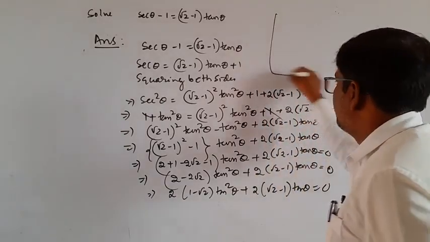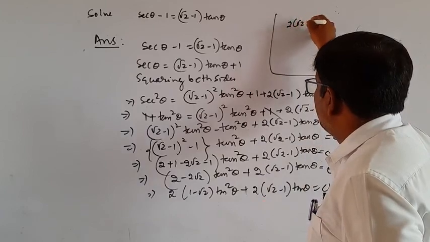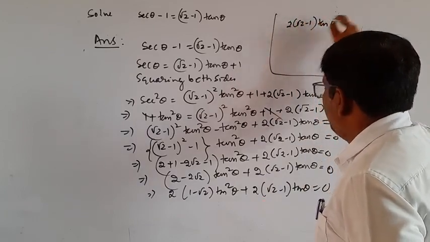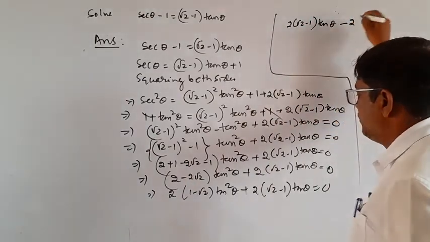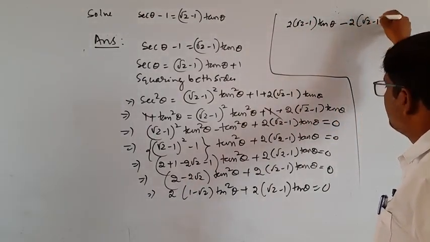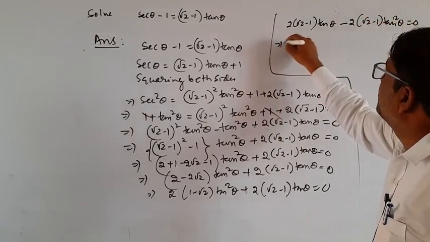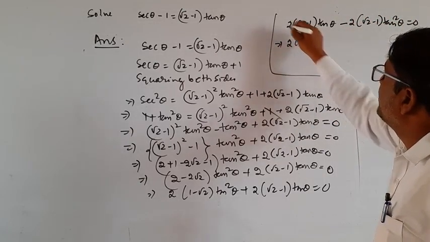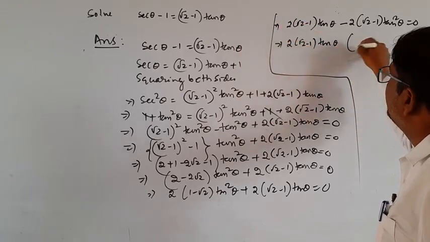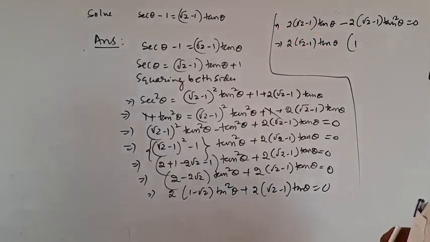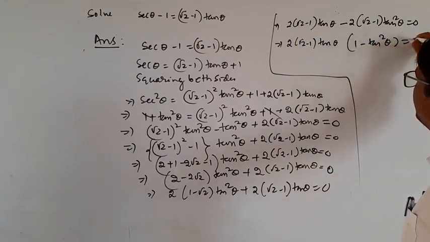So you can write here 2 into root 2 minus 1 tan theta, and this is 1 minus root 2, so root 2 minus 1 minus 2 into root 2 minus 1 into tan square theta is equal to 0. So common outside 2 into root 2 minus 1, into tan theta also common, 1 minus tan square theta is equal to 0.